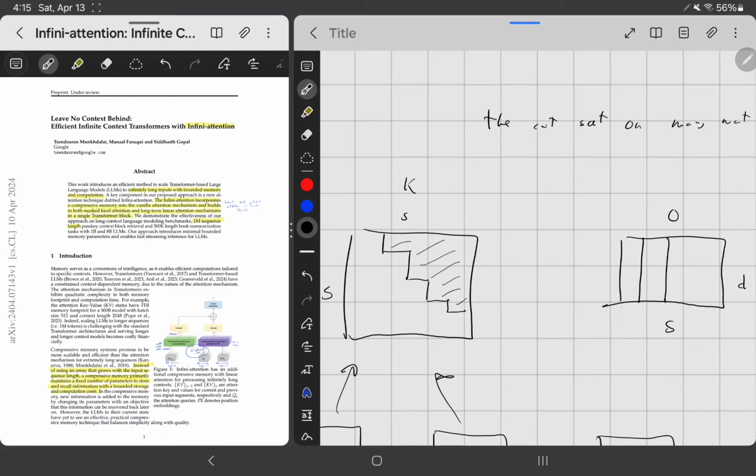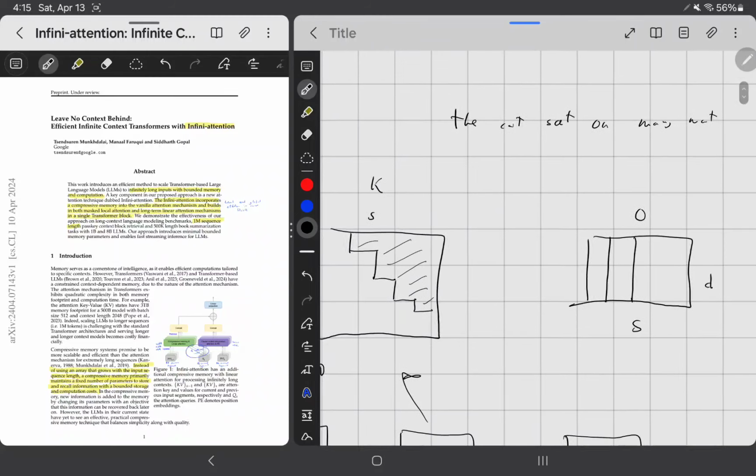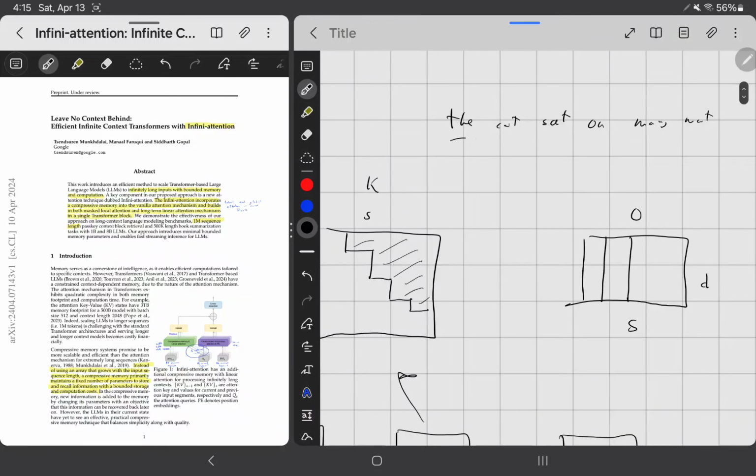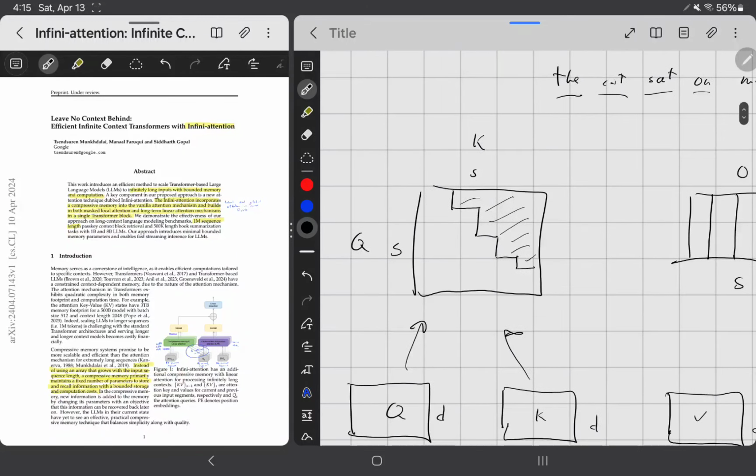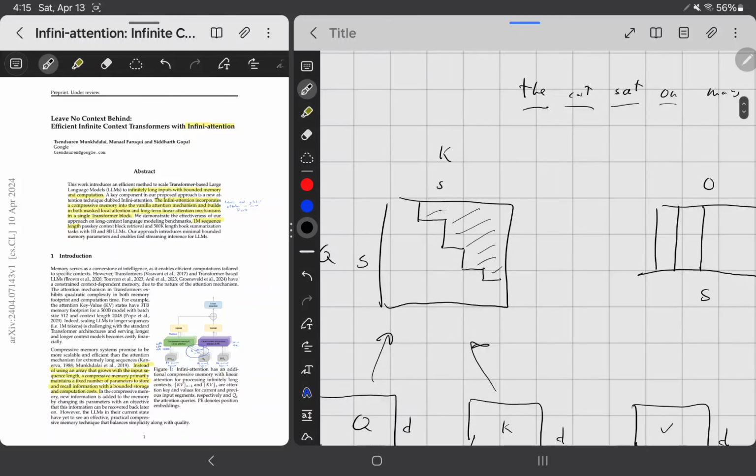The word "cat" will be composed of some percentage of "the" and some percentage of "cat," and the word "sat" will be composed of the first three tokens and so on. Like the word "many" will be composed of some percentage of "the," some percentage of "cat," some percentage of "sat," and some percentage of "on," according to the distribution calculated by the queries and keys. So this is all that's being done in attention.